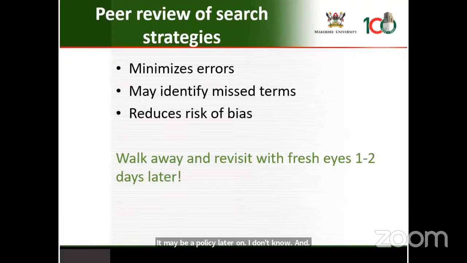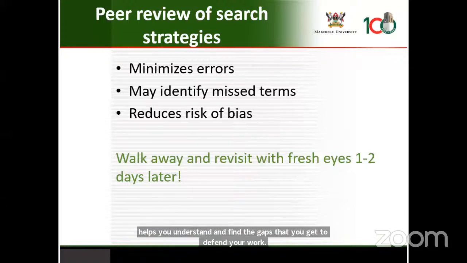Someone had a question. Yes, Carol. Mine is just a form of advice, especially if you're a PhD student and you haven't gone deep into your research: it would be very nice to start with a systematic review because it helps you understand and find the gaps, so that you get to defend your work more, rather than roaming around.